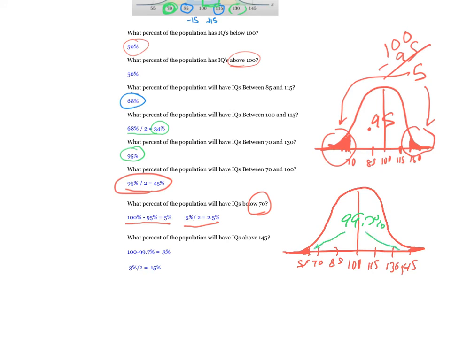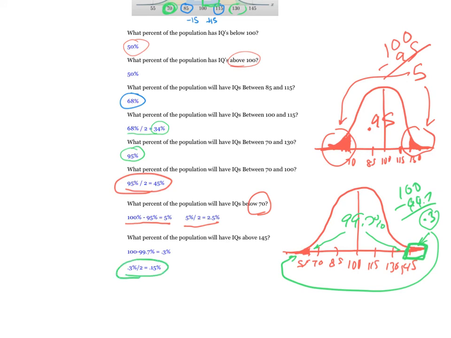So what's left over? Well, 100 minus 99.7 is 0.3. But that 0.3 is divided up equally into these two sides. I only want what's above 145, which would be this side of the graph that I'm highlighting now. So I'd only want half of the 0.3. So 0.3 divided by 2 is 0.15%. So that's 15 hundredths of a percent. Just to be clear.